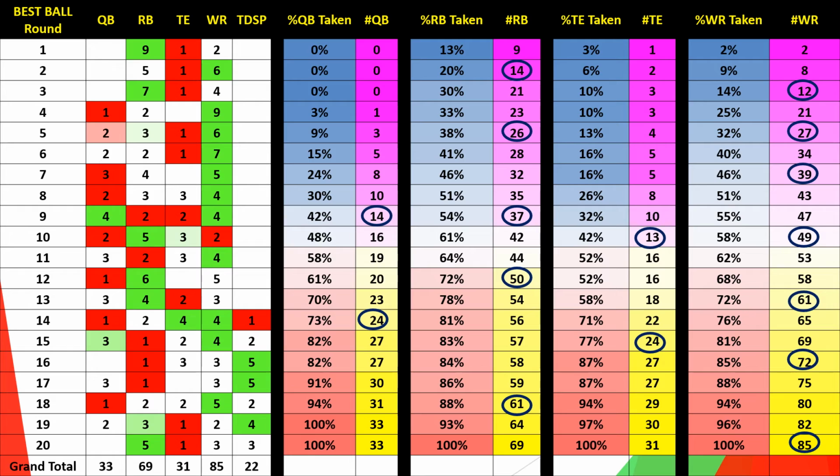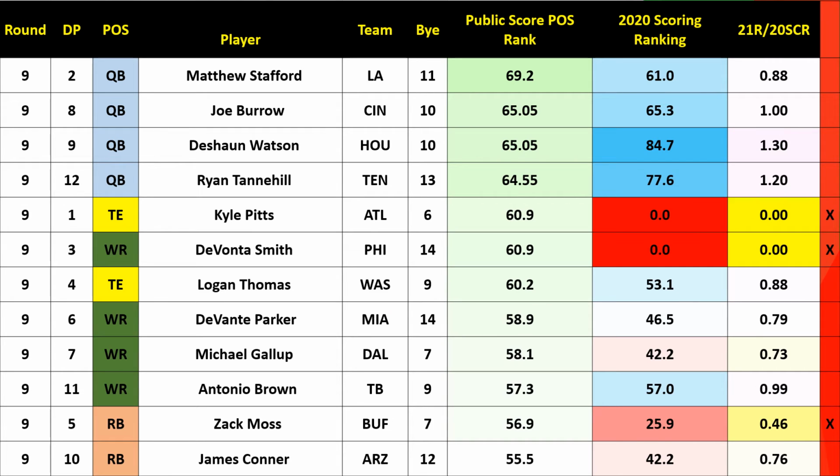Round 9, it's QB-WR festival here. Here we go. Stafford, Burrow, Watson, Tannehill. If Deshaun can get out of legal issues, he's a bargain here. If he can't, then you've wasted a pick. Tannehill's the safe one.